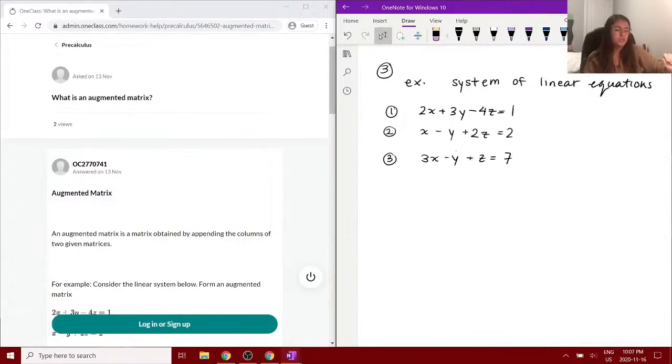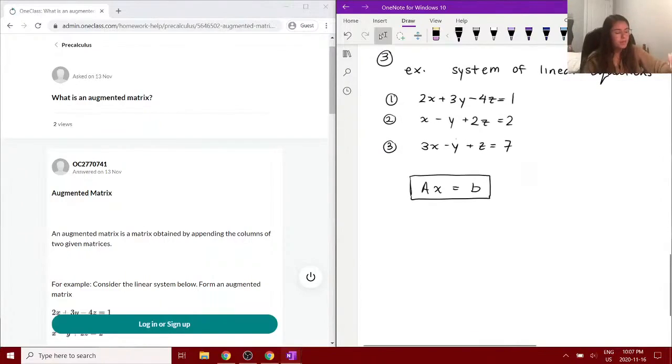So from these 3 equations, we can create 2 different matrices. Typically when you're solving a system of linear equations, I usually see it like this. This is how you would solve the system of linear equations, though we're not trying to solve it. So this is where your matrix A contains the coefficients of the unknown variables.